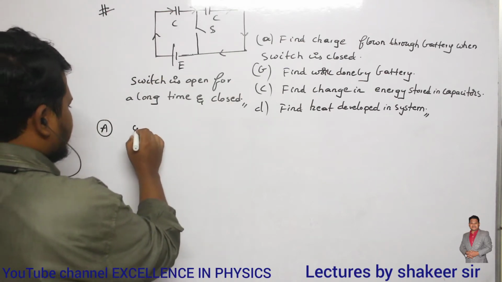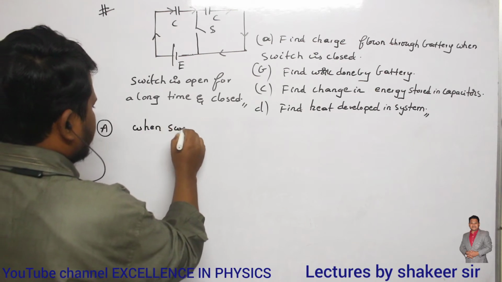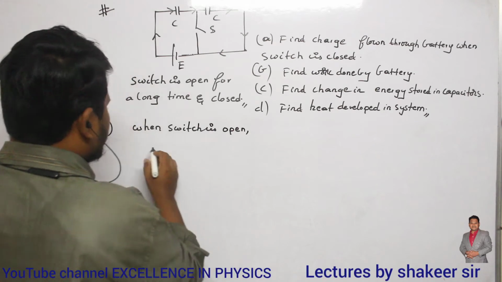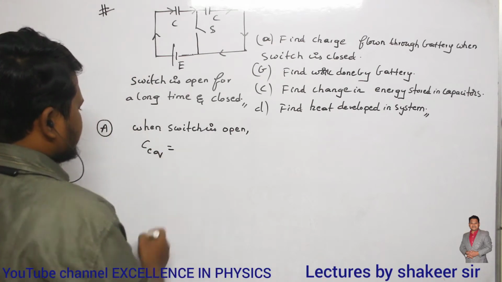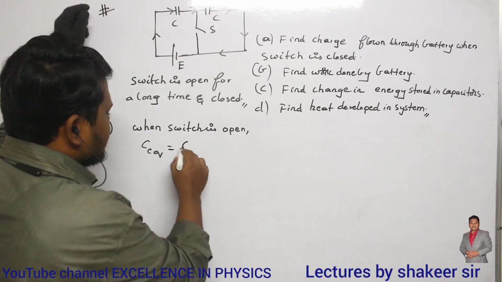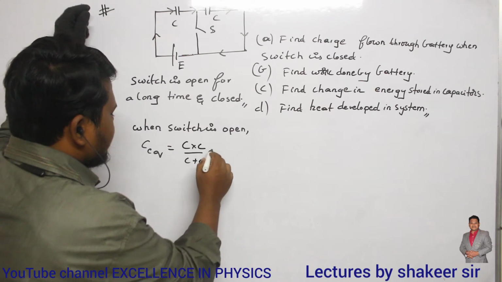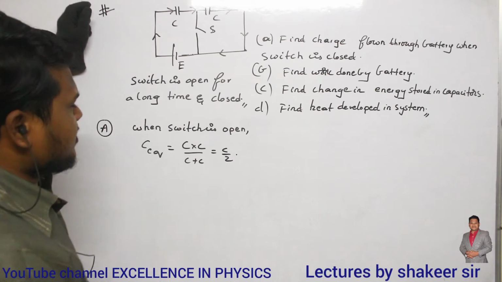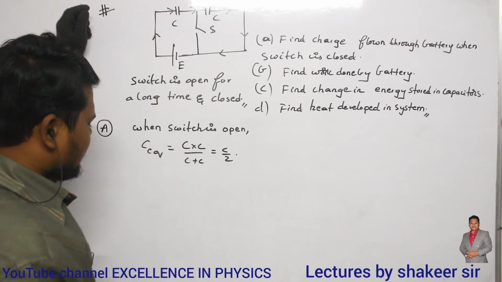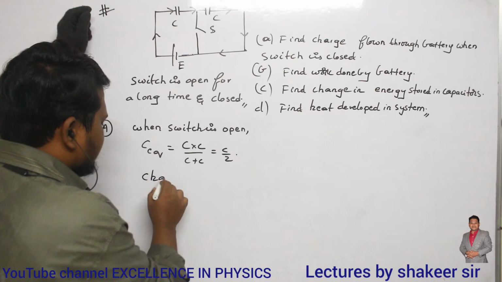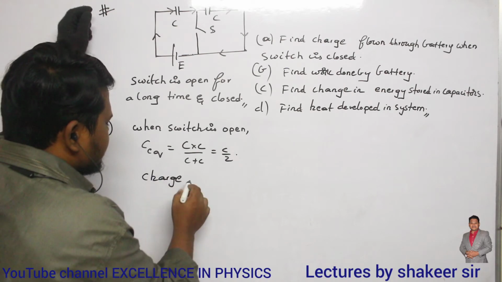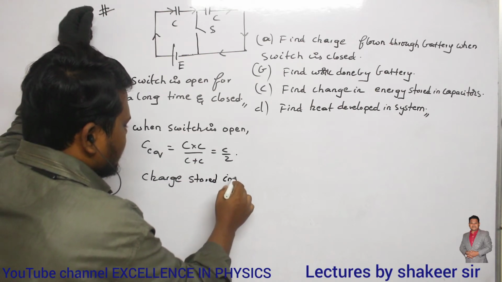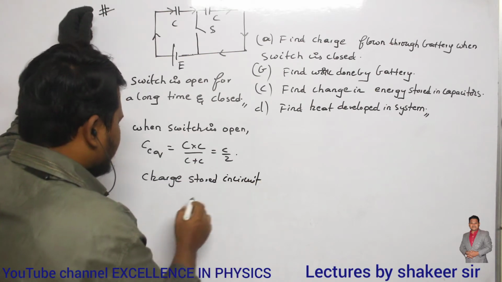So initially when the switch is open, the total equivalent capacitance is how much? Equivalent capacitance is C into C divided by C plus C, because they are connected in series. So C by 2 is the equivalent capacitance. Then what is the charge supplied by the battery, or the charge stored in the circuit?